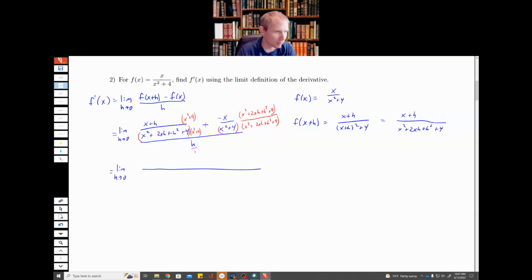Okay. So I'm not going to do any multiplying out yet. I just want to write out what I have so that I don't get confused. So we have x plus h times x squared plus 4, okay, over our common denominator.